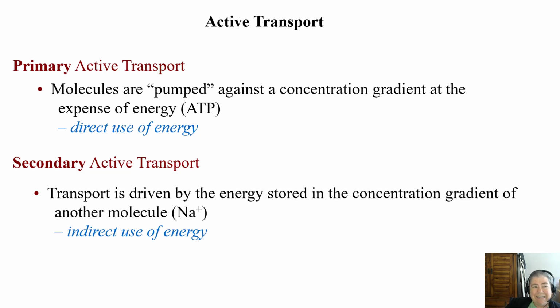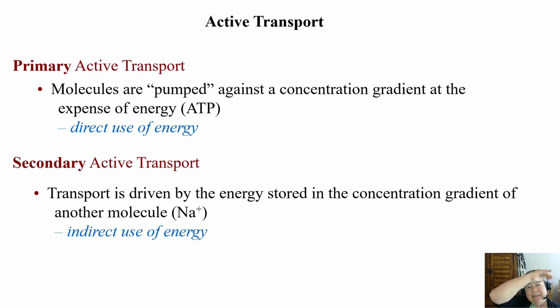There is also secondary active transport, which uses the concentration gradient of another molecule, usually sodium, that was created by the direct use of energy. So the concentration gradient of sodium was created through primary active transport.